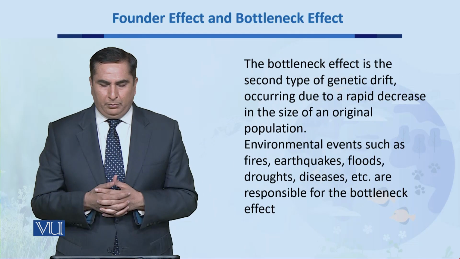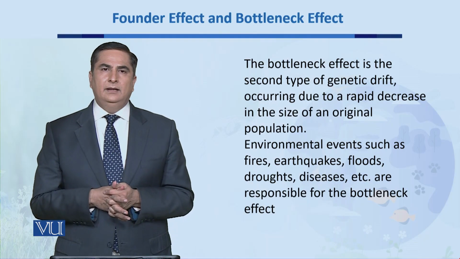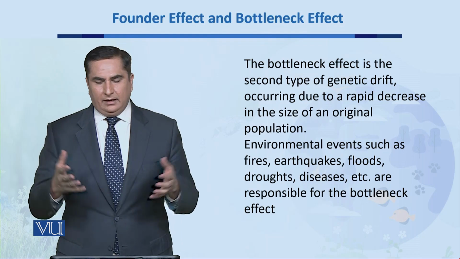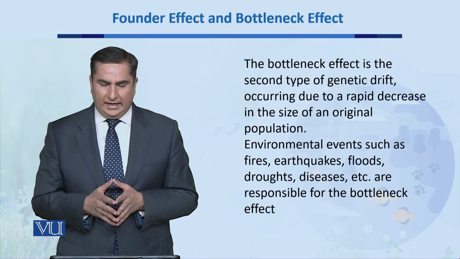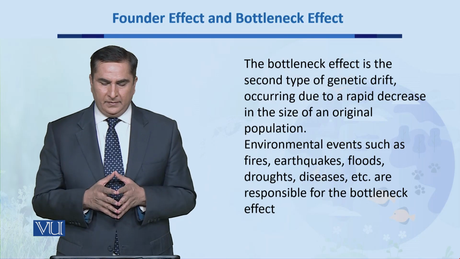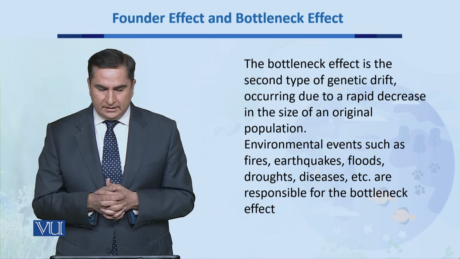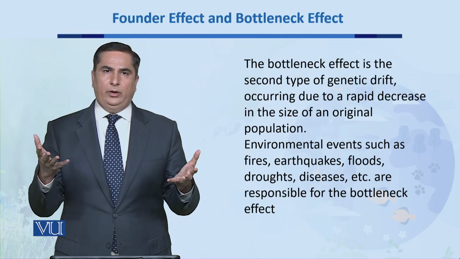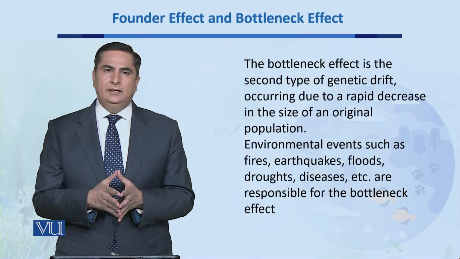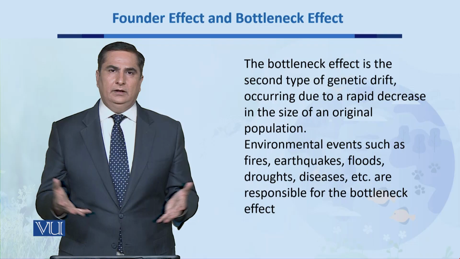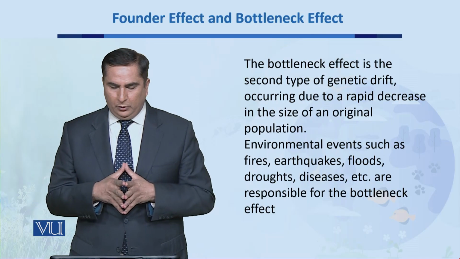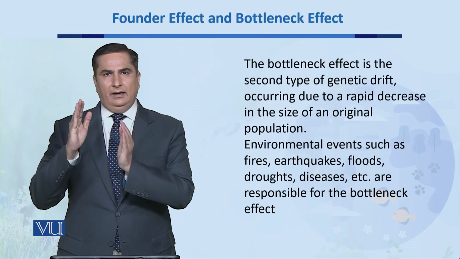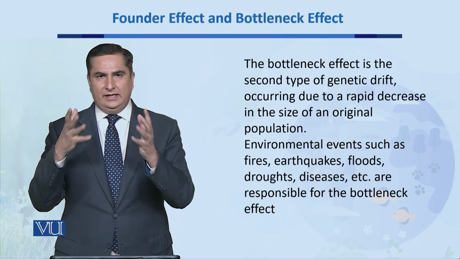And on the other hand, the bottleneck effect is the second type of genetic drift. It can occur due to a rapid decrease in the size of the original population. Mostly environmental events can take place, for example, fire or earthquake in that locality, where there is a loss of a significant number of that population, or floods or droughts, or certain deadly diseases.